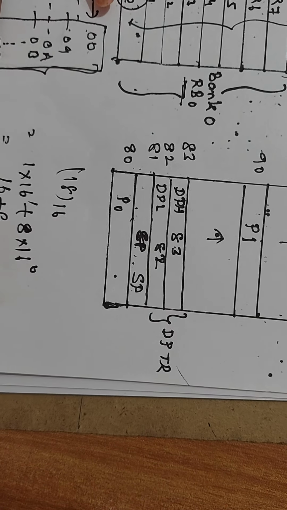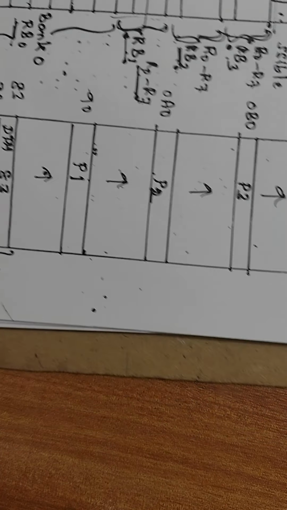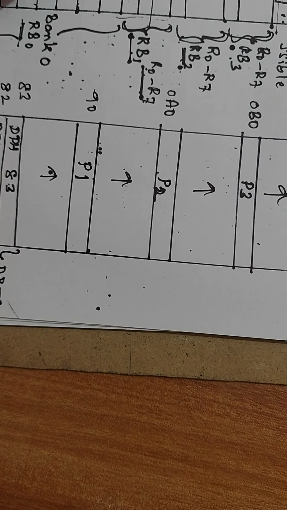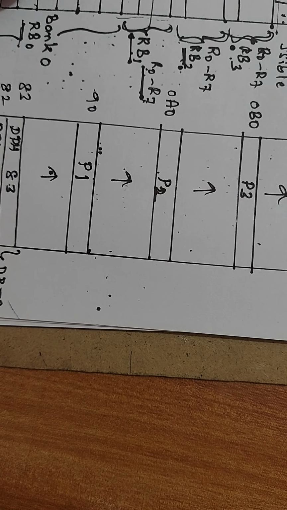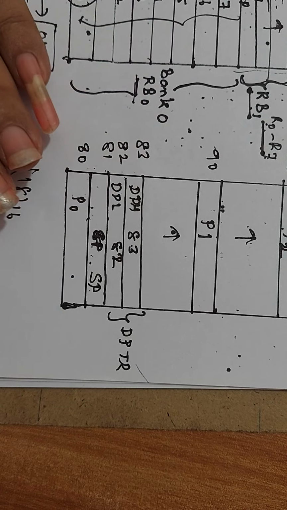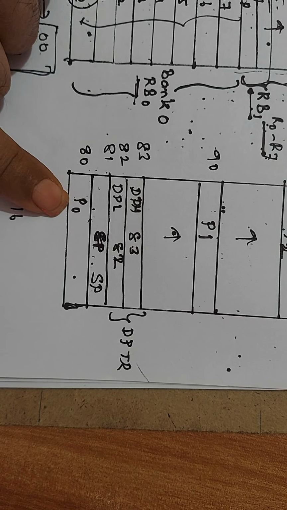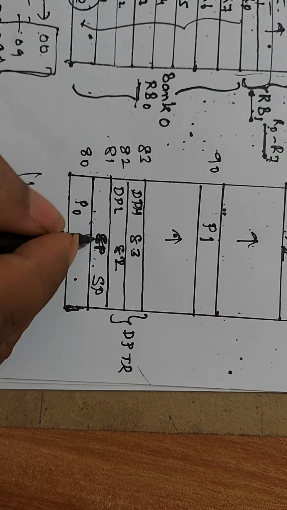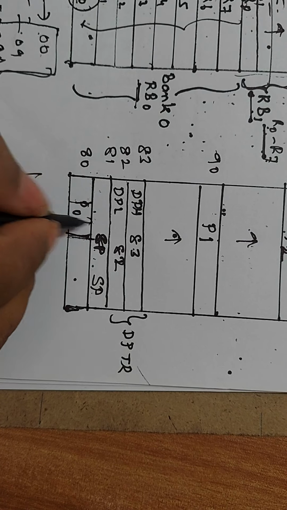Again, see this, there are some special function registers. We will discuss them later. Here I told you there are 4 ports in 8051. Port 0 is 8 bit. Port 0 has 8 memory elements.